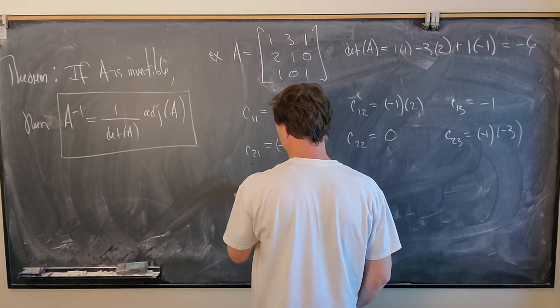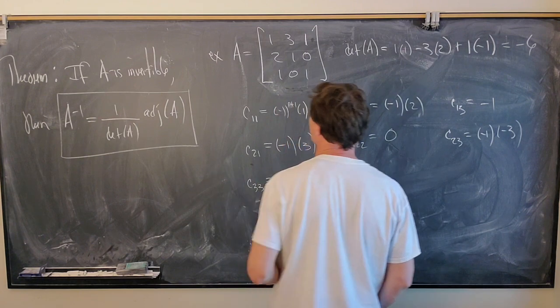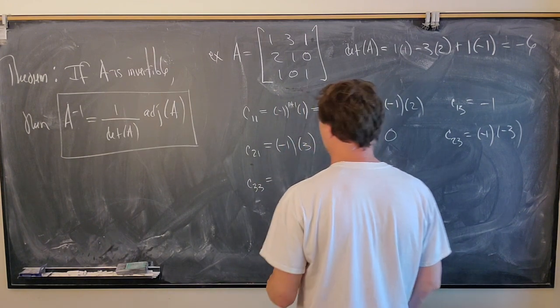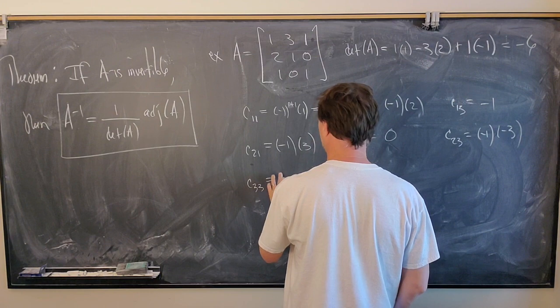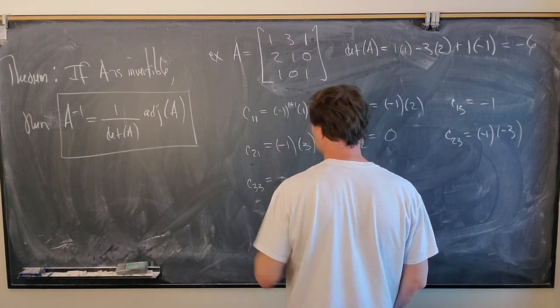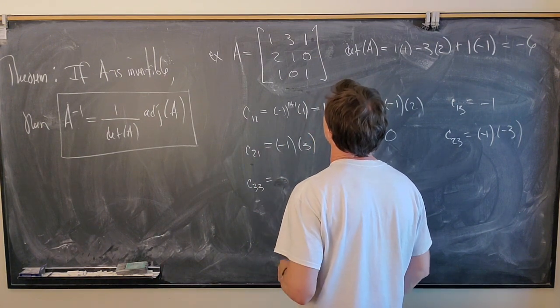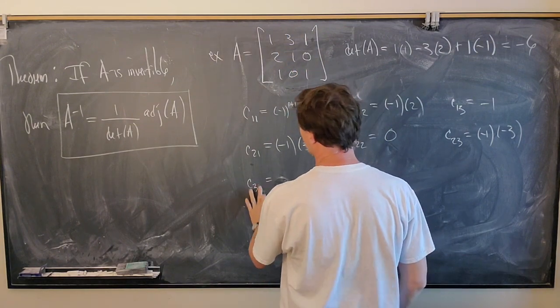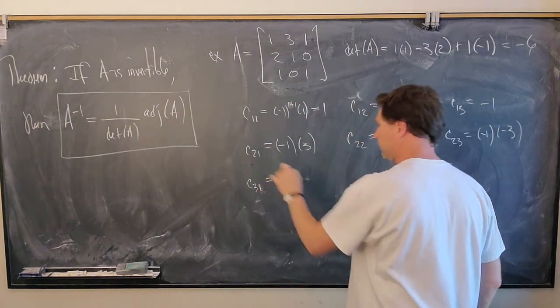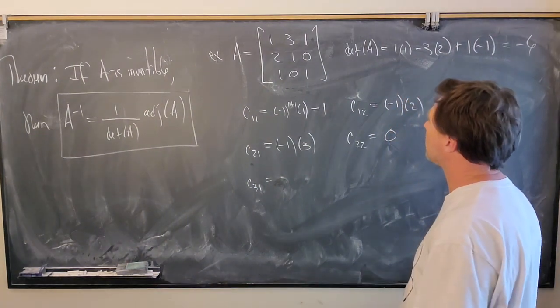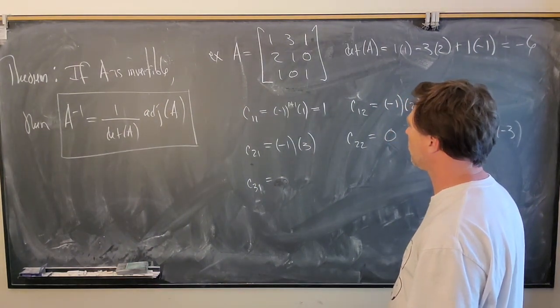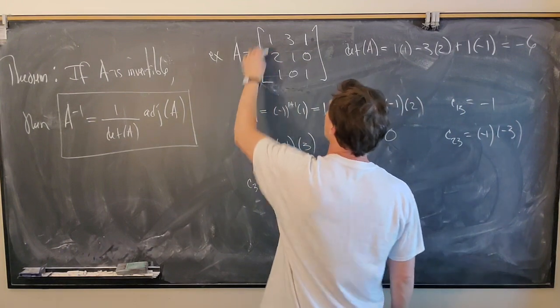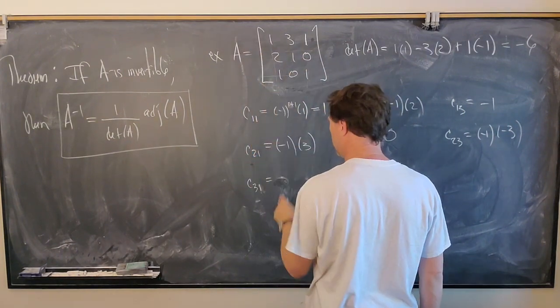So C23 is 3. Now this should be C31. That's going to be a 1 times, delete third row, first column, and I get negative 1.